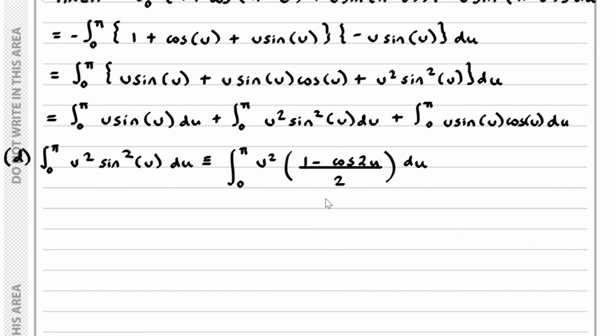So can we split this up? Well, I can split this up as the integral from 0 to pi of u squared over 2 subtract u squared cos 2u over 2 du.